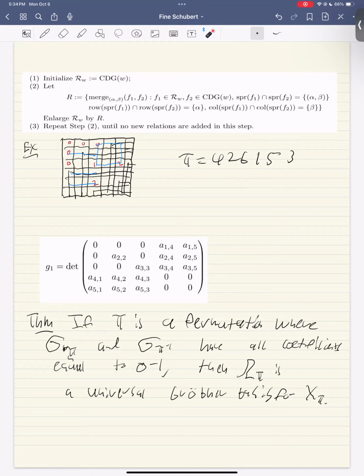In general, it's not so clear how to find the polynomials in this ideal which have minimal spread. But through this merge operation, we're able to produce a bunch of them, and when this condition is satisfied, we show that in fact those are all of the circuit polynomials.